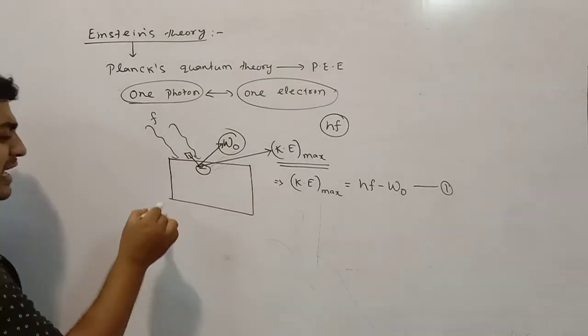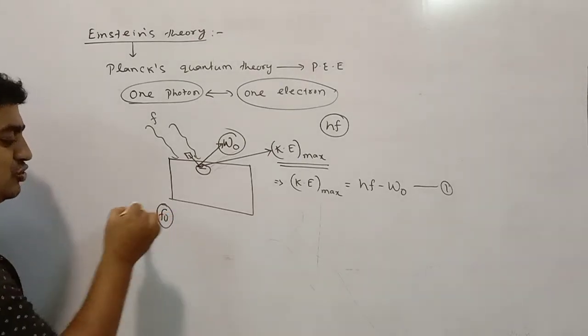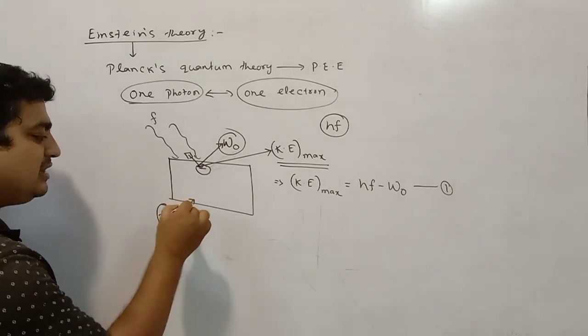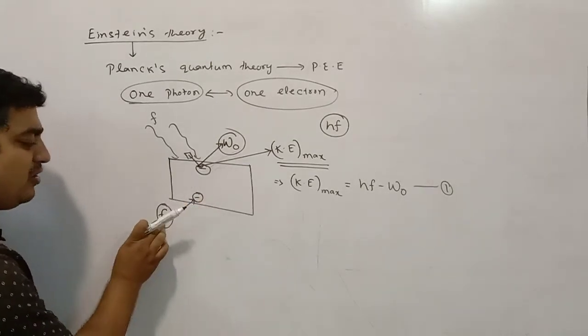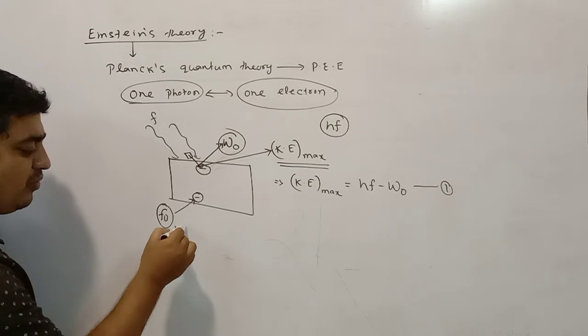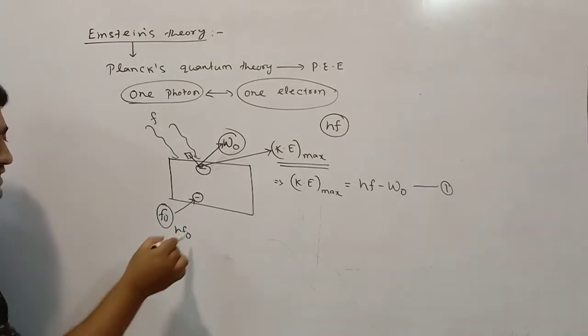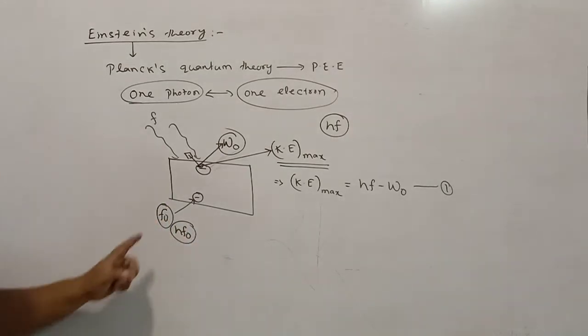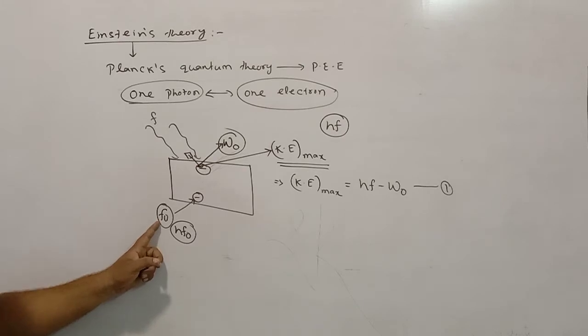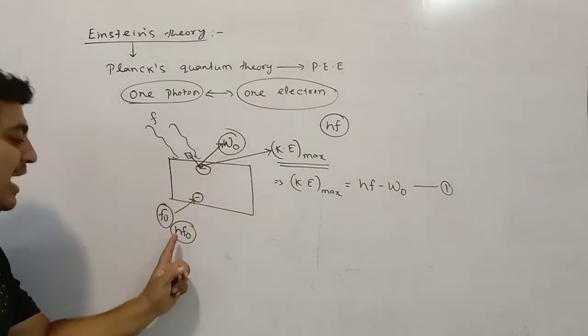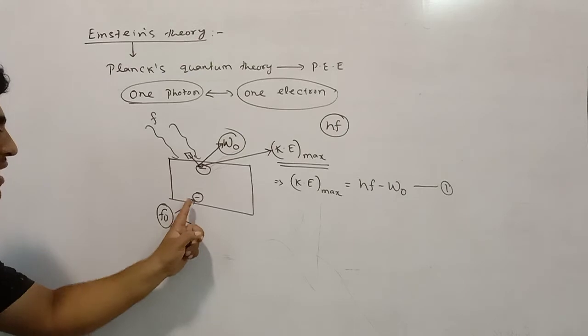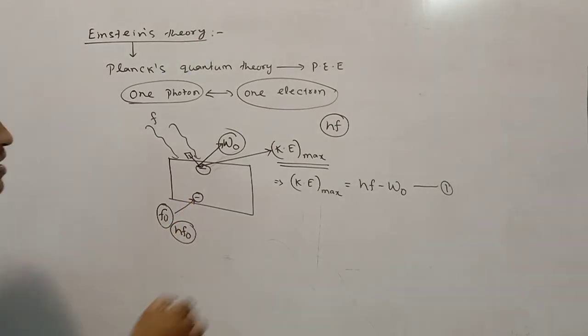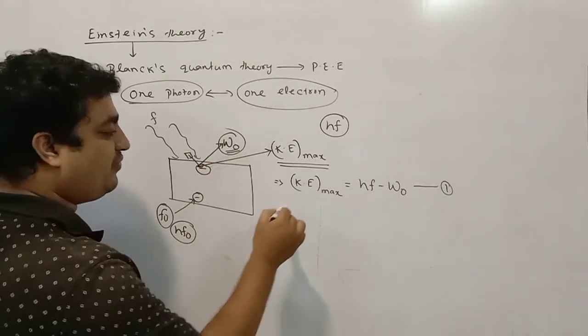Now, if f0 is the threshold frequency, the minimum energy of the photon required for photoelectric emission is hf0. But this is equal to the work function.